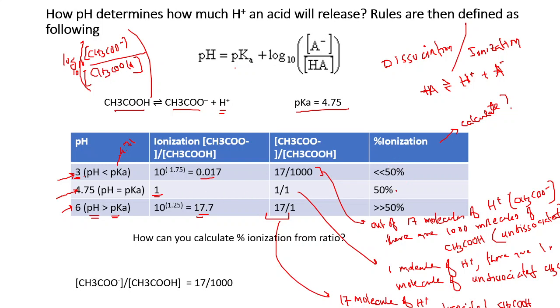When it equals pK, it is 50%, and when it is more than pK, it is over 50%. You can also use this ratio to calculate the percent ionization in a quantitative manner.